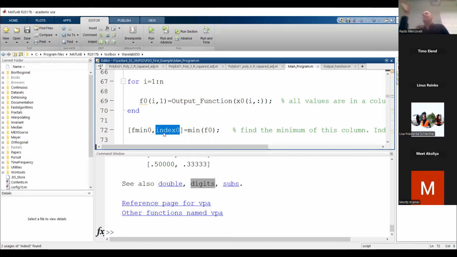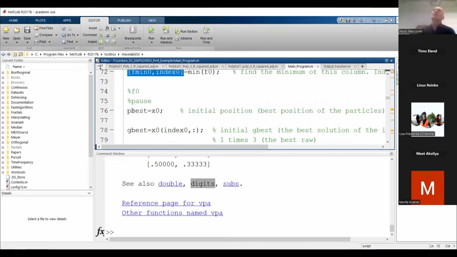Its position means I localize which particle has the minimum and what is the value of this minimum. This is basically a vector with two components. I put x0 equal p best. In G best, I will put the best particle.